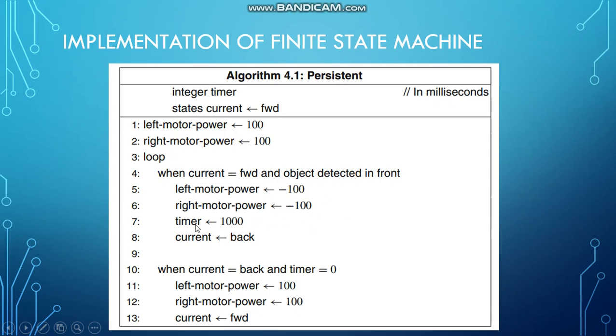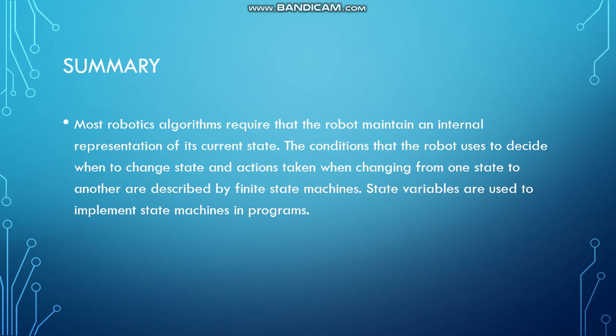Then the timer is set to 1000, that is 1 second, and you change the current state to back. And when the current state is back and the timer is 0, you again set the left and right motor to 100 and the current state to forward.